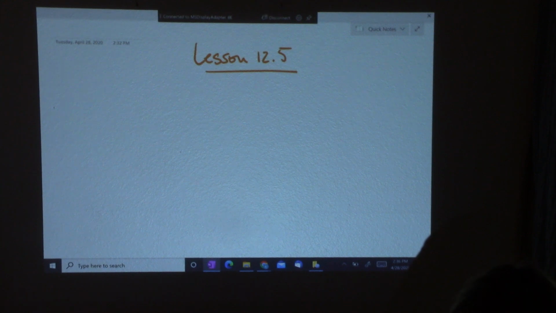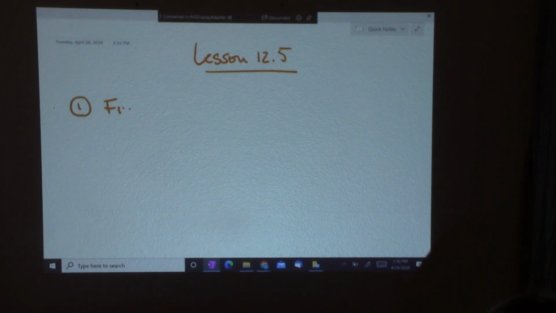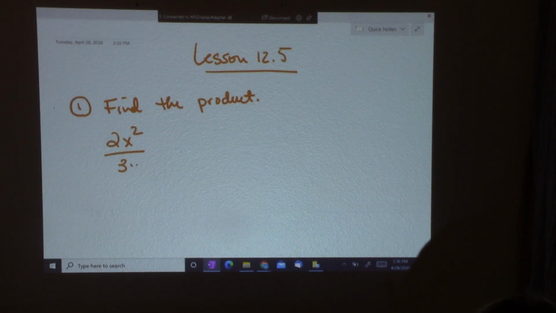So in the last one, we were simplifying, and now we're going to multiply and divide. Number one, find the product. And here we go: 2x squared over 3x times 6x squared over 12x cubed.